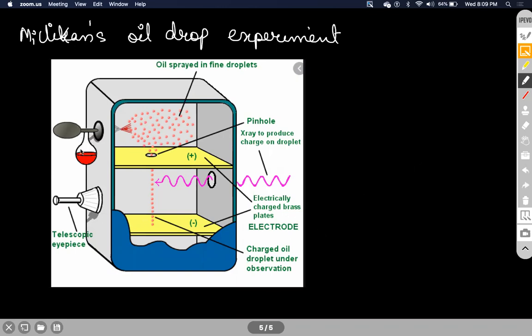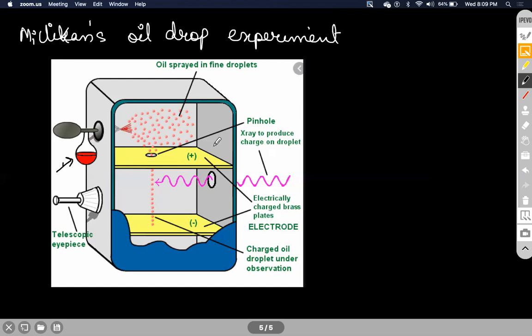This is called an atomizer. The work of the atomizer is to spray the oil into fine, small droplets.